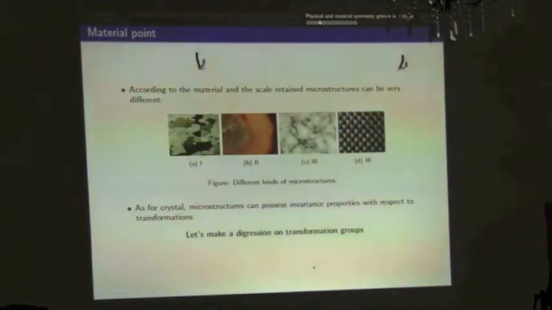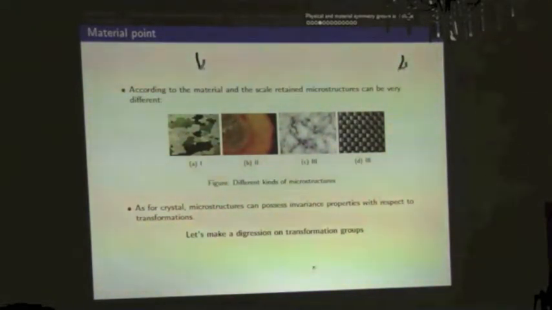If you model wood, you will also have microstructures that will be contained in your material point, and so on for all the different situations that you will have to deal with in your modeling approach. Things are very different. We are not just dealing with crystalline structure. We may have a very different amount of microstructure.